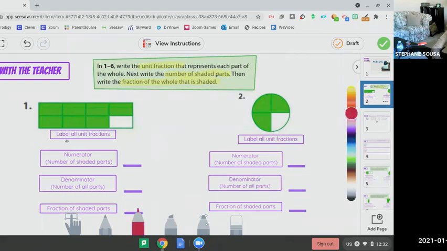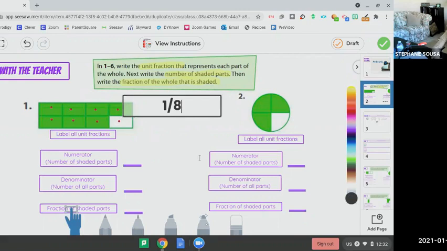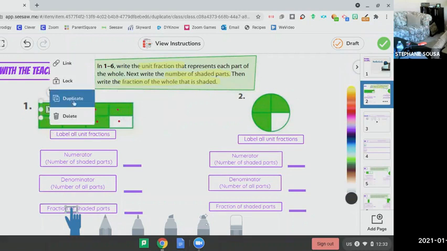All right. Label all unit fractions. Okay, we have to label all of our unit fractions. I'm going to go ahead and use the label tool because I can write that small. There are 1, 2, 3, 4, 5, 6, 7, 8 pieces. So my unit fraction is 1/8. I'm going to make this small, neat, fit inside of a piece, and I'm going to duplicate it onto each piece.